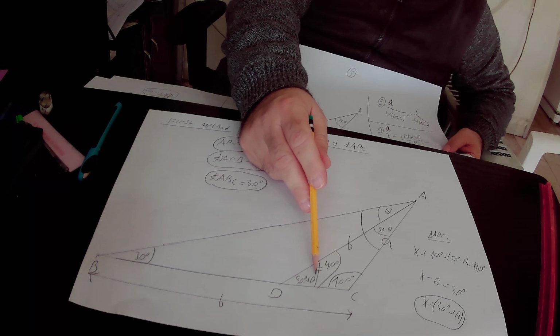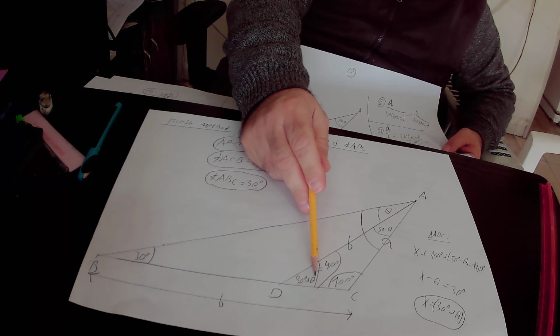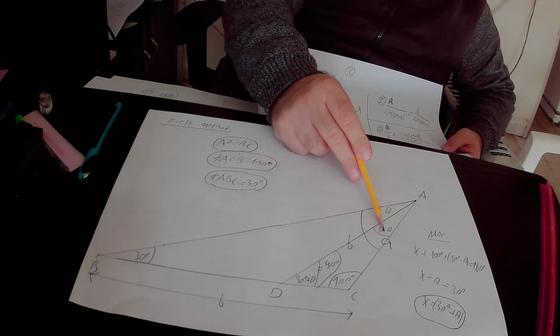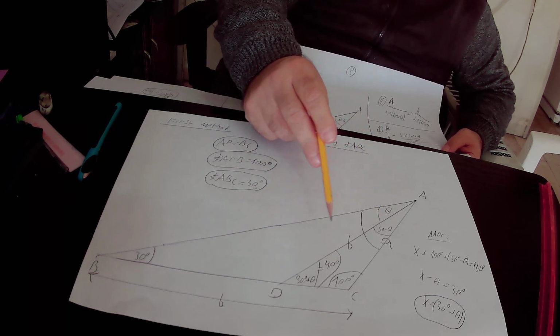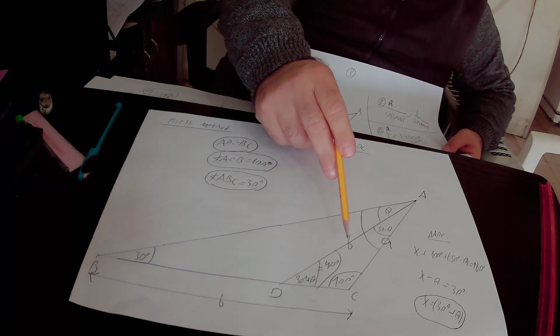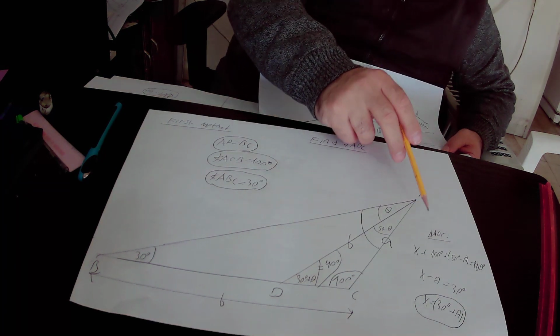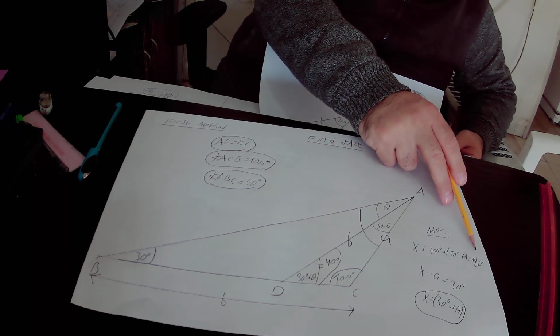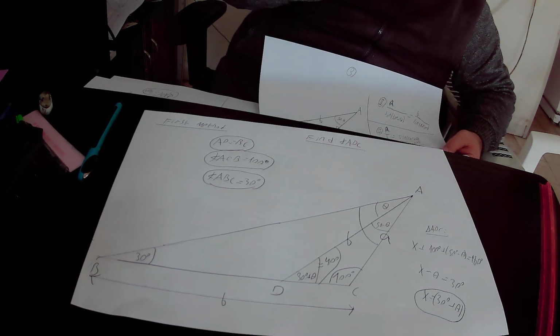So angle X plus 100 degrees plus 50 degrees minus theta must be equal to 180 degrees.